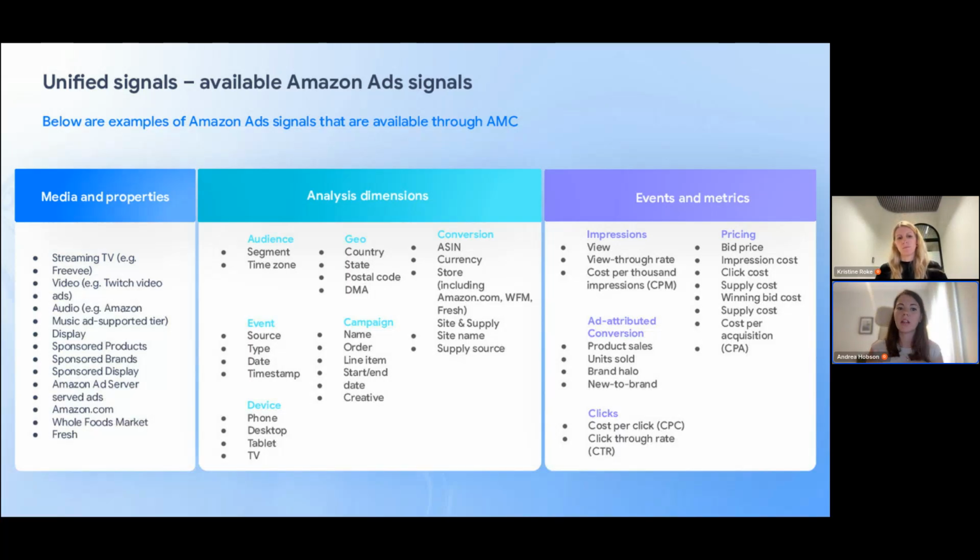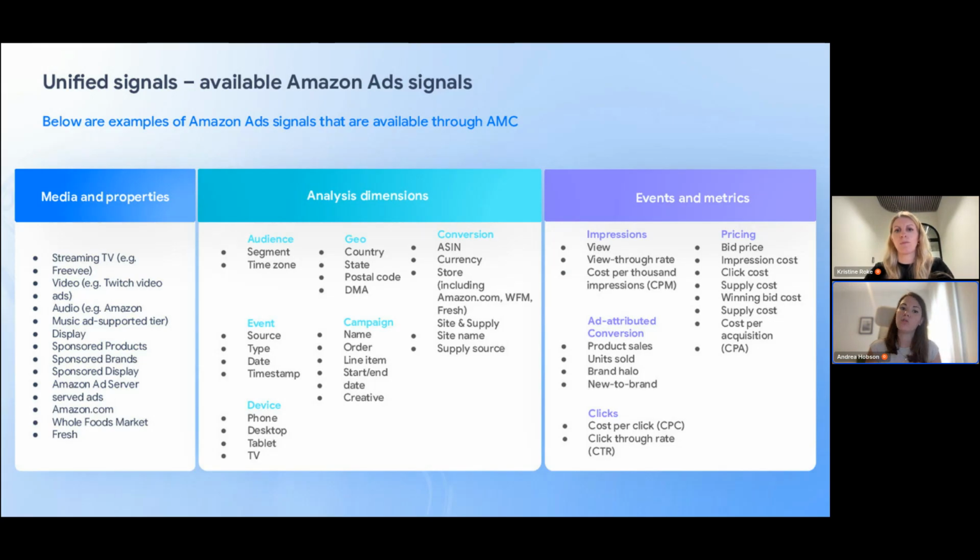Again, it is quite an extensive list, and you can, for example, use these signals to measure how exposure on your streaming TV campaigns will drive a sales lift on Amazon Fresh, or connect these media investments directly to more retail outcomes. So it actually gives you that type of insight.